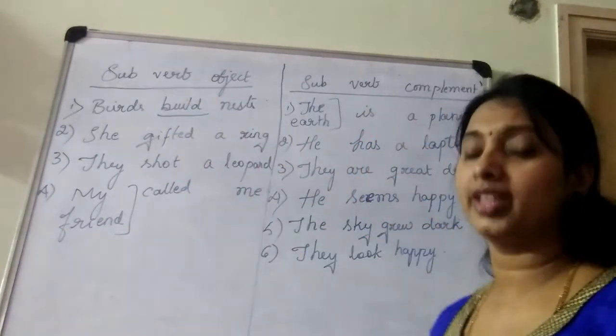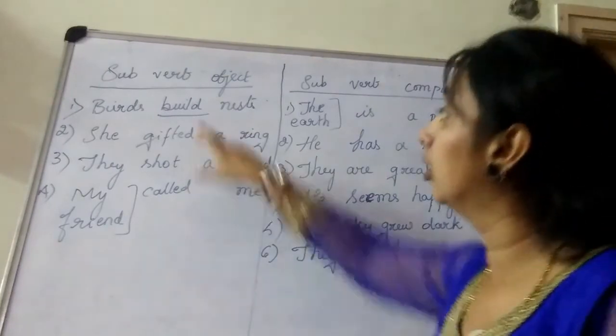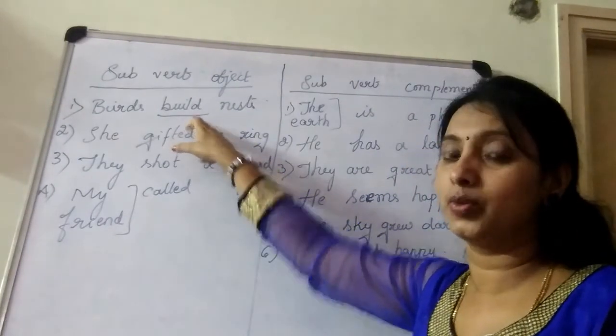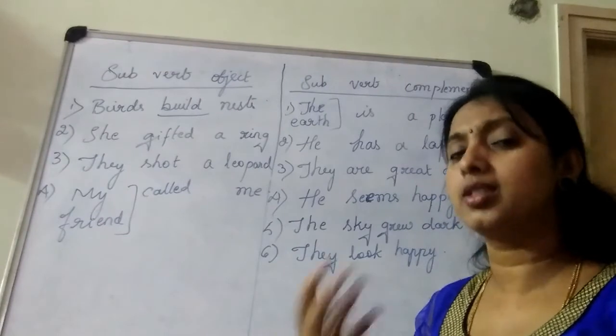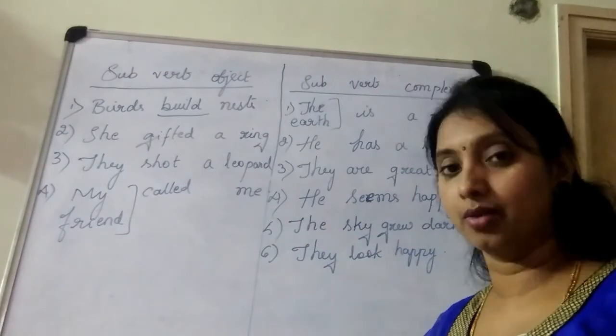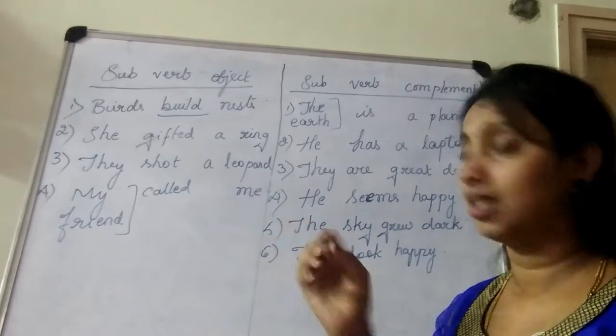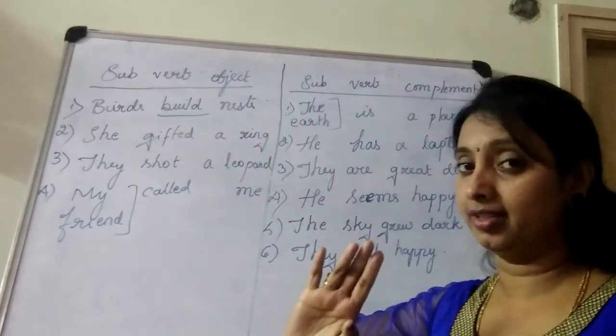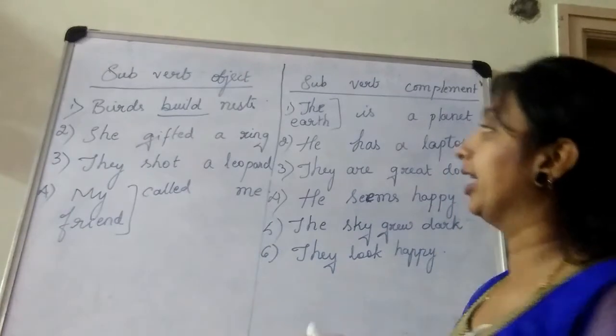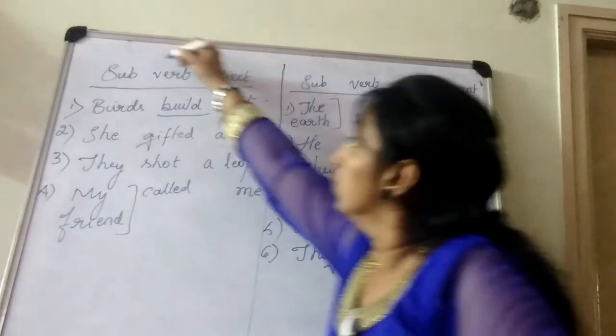Birds build nests. How do we find out this as an object? Build. Can you tell me what type of a verb this build is? Is it a main verb or is it a linking verb? Can you find out? Build is an action word, correct? So, it is a main verb.